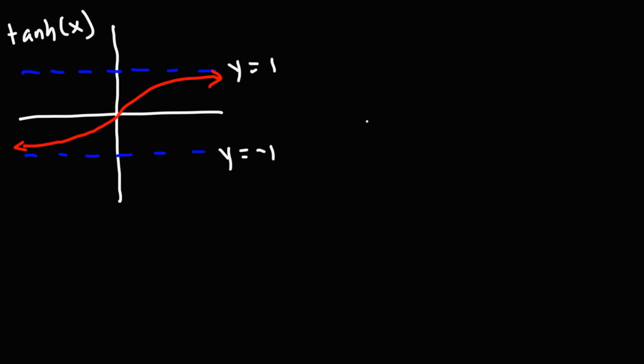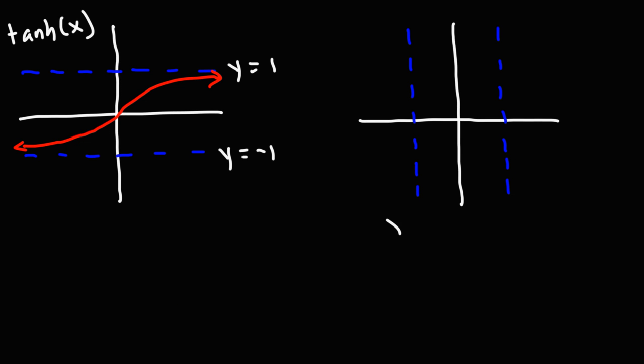Now, to draw the inverse of that, it's important to know that the horizontal asymptotes will become vertical asymptotes. So instead of horizontal asymptotes at y equals -1 and y equals 1, we're going to get vertical asymptotes at x equals -1 and at x equals 1.